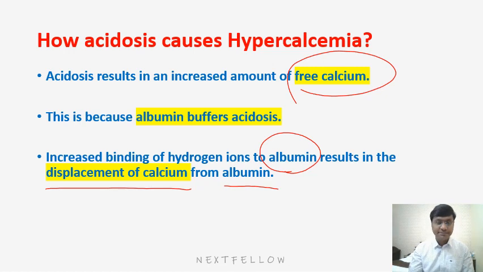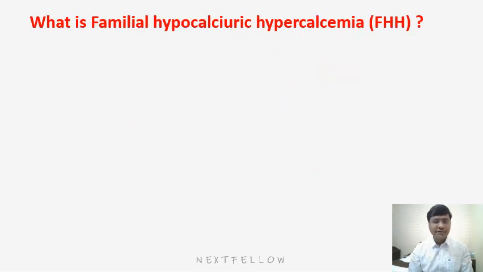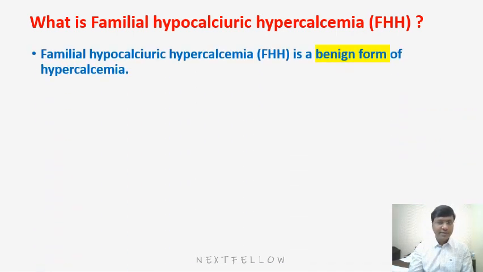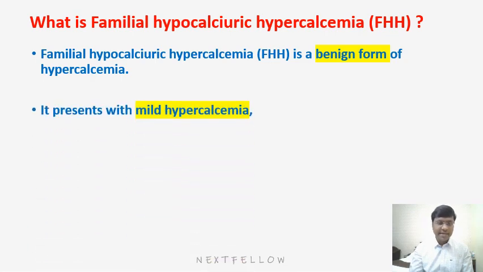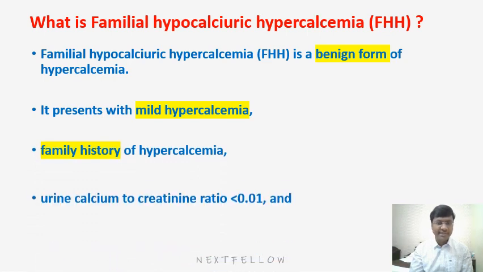Next, we have another clinical condition called familial hypocalciuric hypercalcemia. This is also one of the conditions which will cause hypercalcemia, and you need to understand the mechanism behind it. It is a benign form of hypercalcemia, right? It presents with mild hypercalcemia and a family history of hypercalcemia.